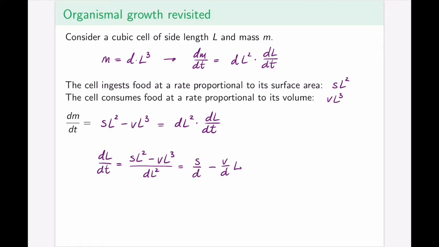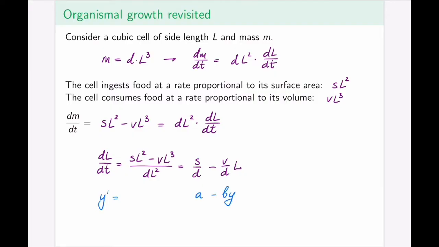Let's stand back a little bit and look at this equation carefully. What I have here is the derivative of L is equal to some constant minus some other constant times L. This is exactly of the form y prime equals a minus by.